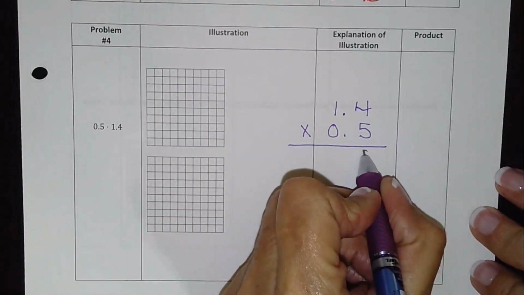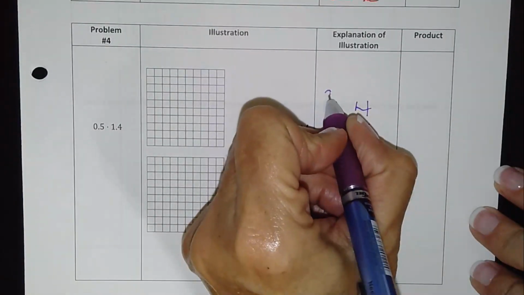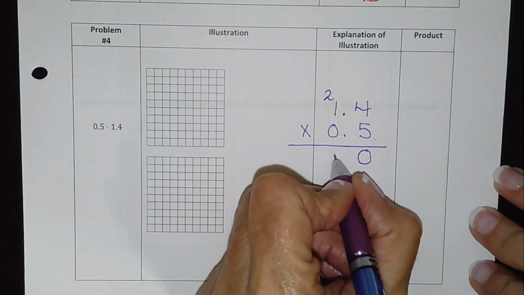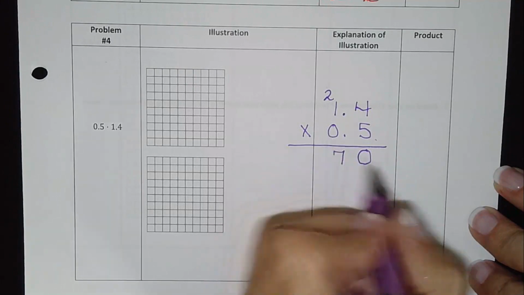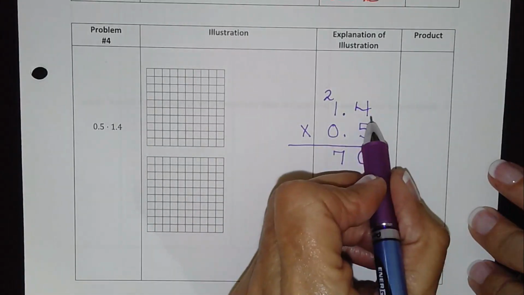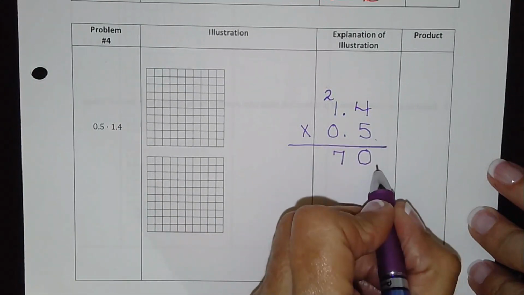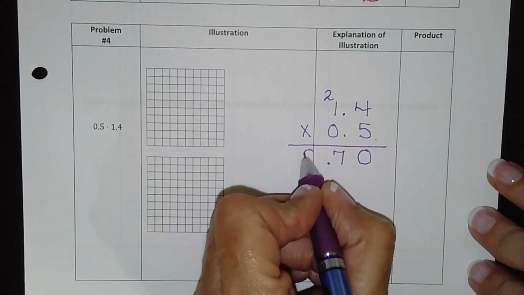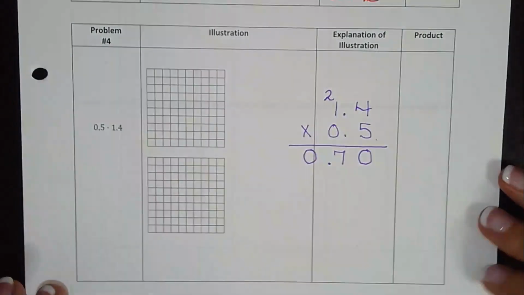So we have 20. Carry our 2. 5 times 1 is 5, 6, 7. And we don't have to do the 0. If you did, it'd be 0, 0, 0, just like on the last one. And then we go 1 plus 1, 2. So counting from the back, we go 1, 2. So my answer must have 2 decimal places.